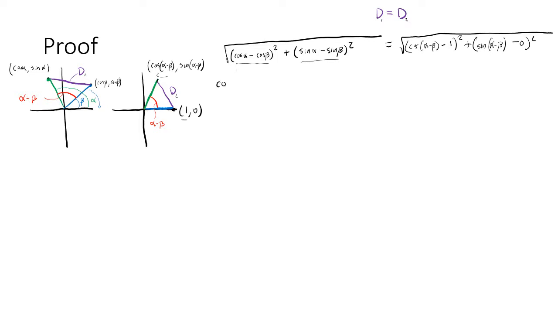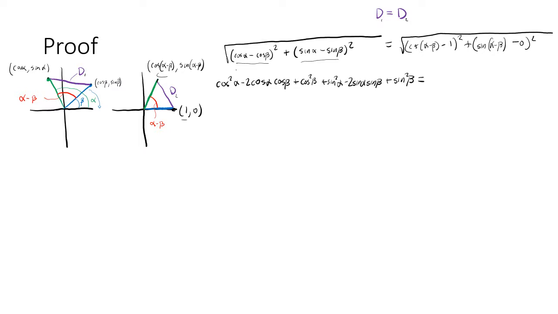So it's going to be cosine squared alpha minus 2 cosine alpha cosine beta plus cosine squared beta, plus, now we're doing this quantity squared, sine squared alpha minus 2 sine alpha sine beta plus sine squared beta. I think I'm not going to run out of space.